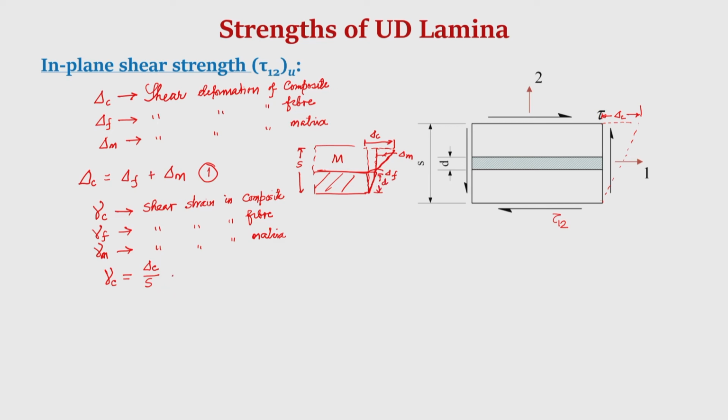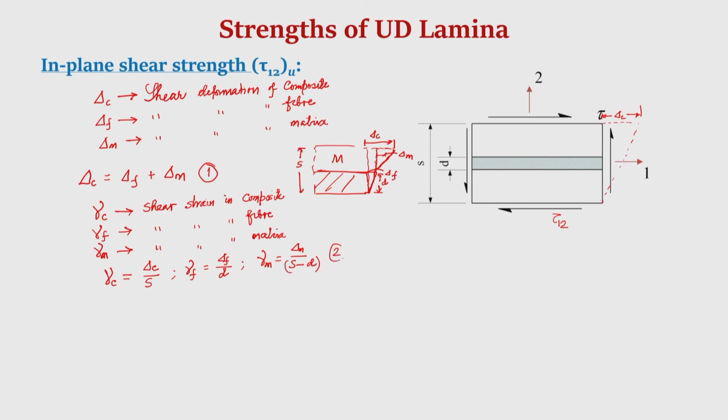So, gamma F is delta F by d, and gamma M is delta M by S minus d. Okay.